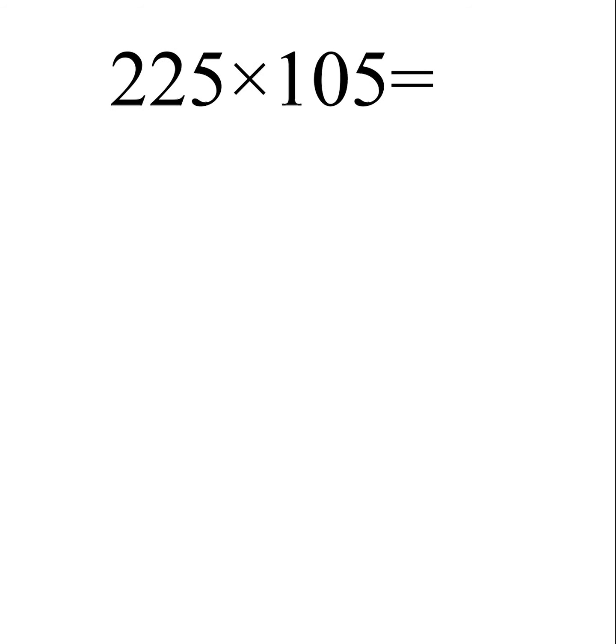So, our next example is a bit harder. Here again, we first multiply 5 into 5, which is 25. And we take the numbers preceding the 5s, which here are 22 and 10.